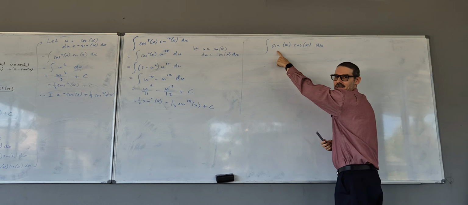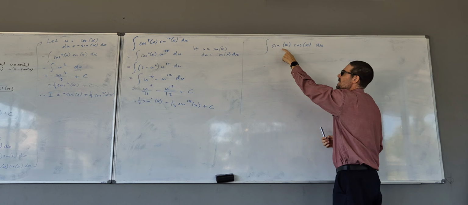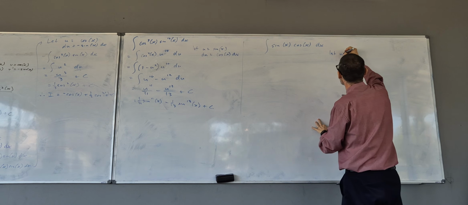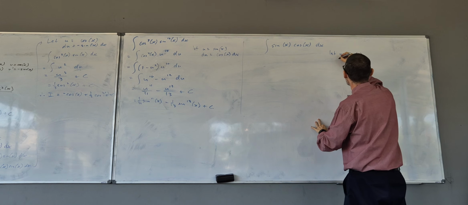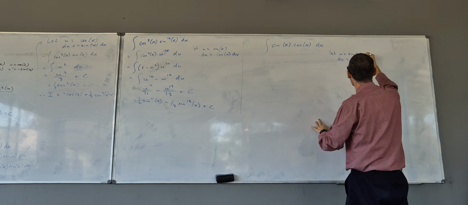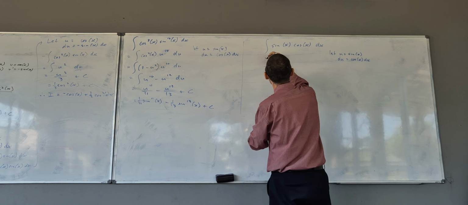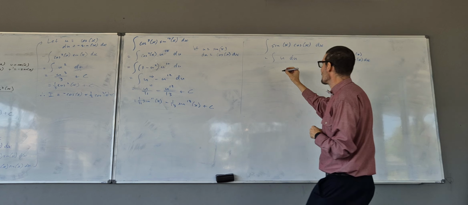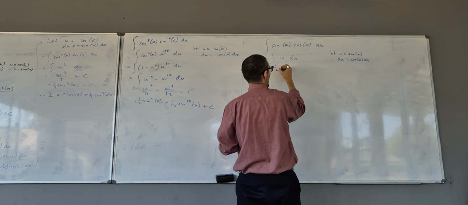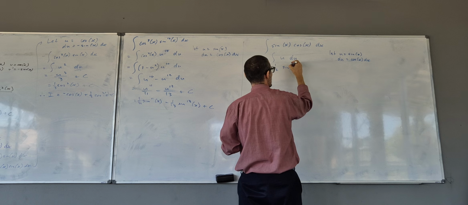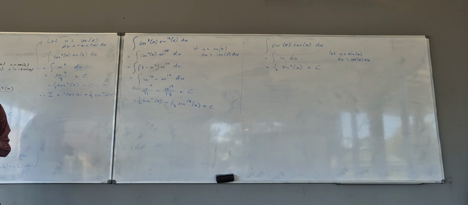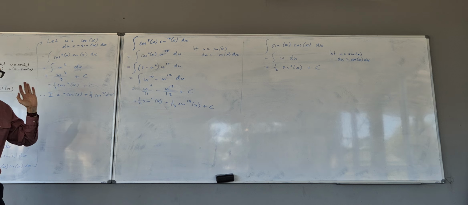That's a derivative of that, so you can use substitution. Let u equal sine x. du is cos x dx, so this is the integral of u du, which is half u squared, sine squared x, plus constant. That's one valid integral.